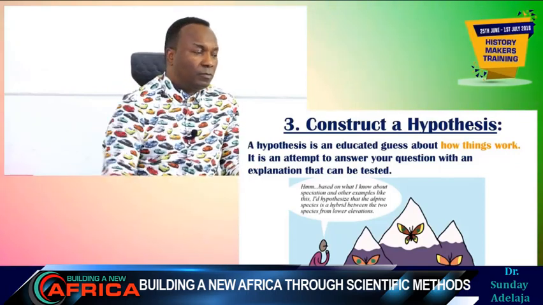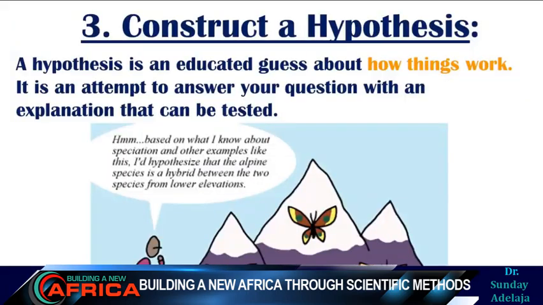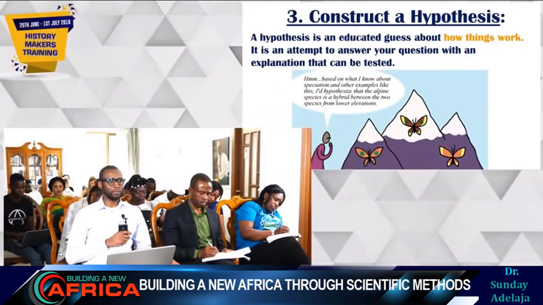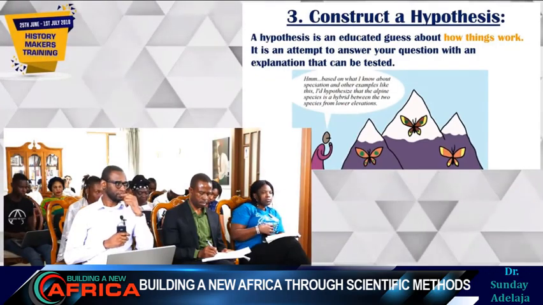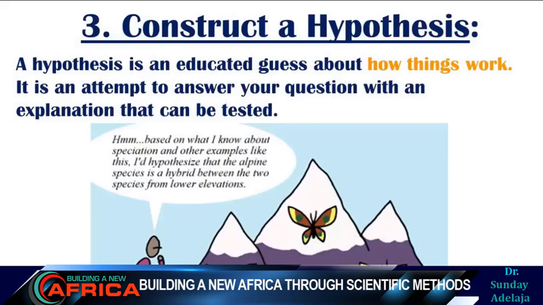Step number 3, construct a hypothesis. A hypothesis is an educated guess about how things work. It is an attempt to answer your question with an explanation that can be tested. You remember I said the hypothesis is like an assumption, but one based on some facts from the research.